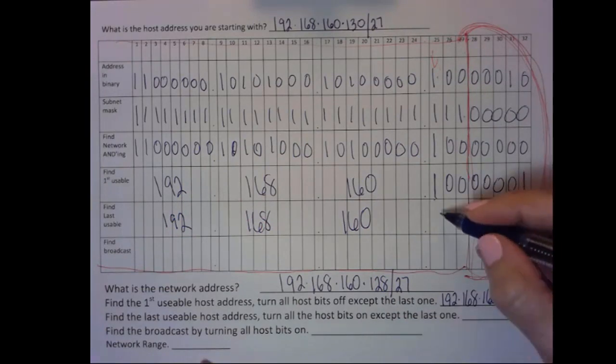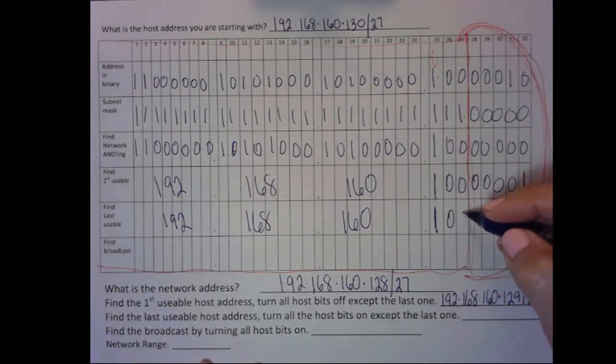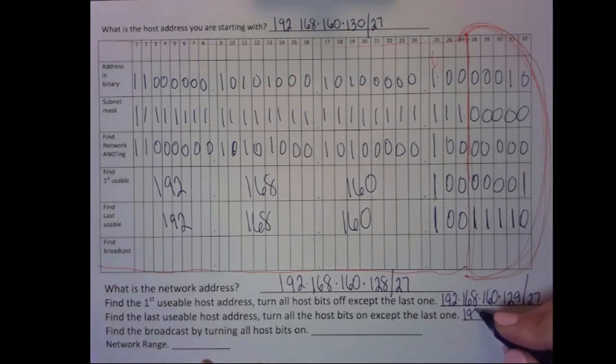Okay, so now let's figure out the last usable address. Okay, so I know that these network bits don't change. The definition of the last usable, all of the host bits get turned on except the last one. All right, so I've got 192.168.160. So what have I got here?